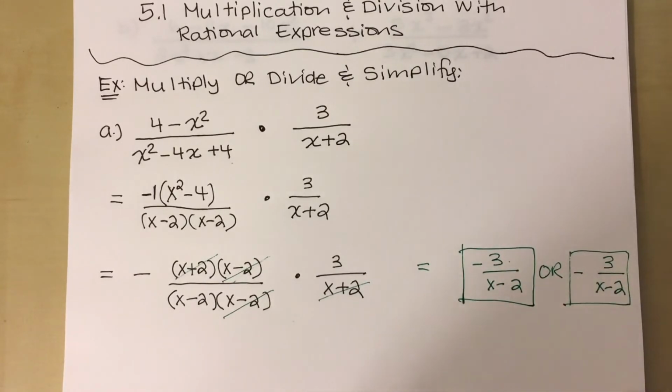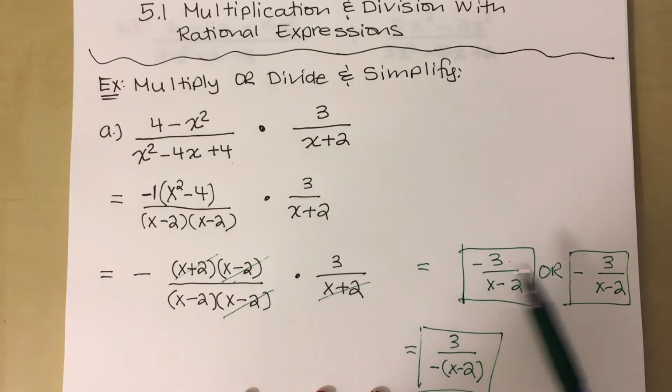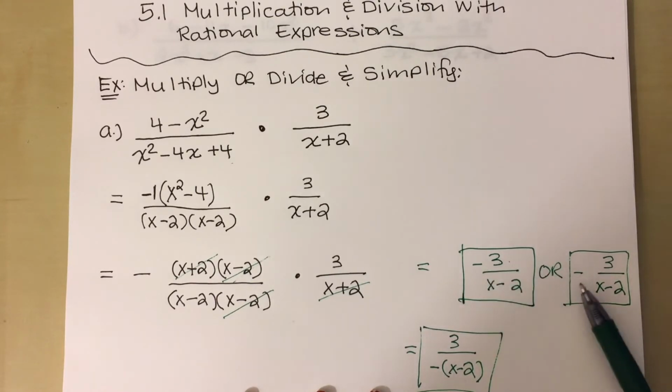You can also put the negative sign in the denominator, but because we have a binomial in the denominator, you need to use parentheses. These are all equivalent. You just need to have one of these on your paper. So again, the negative sign can go with the numerator, it can go in the middle of the fraction, or it can go in the denominator.